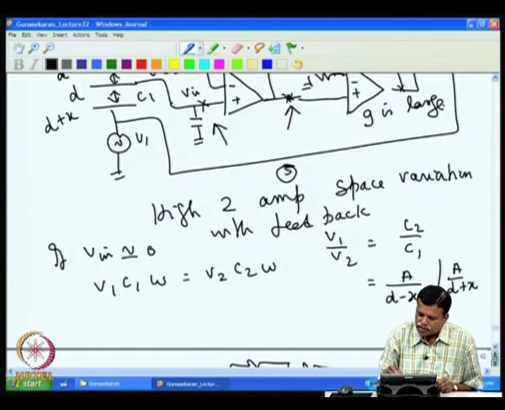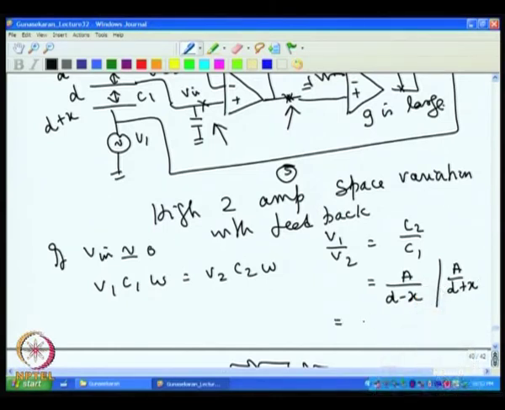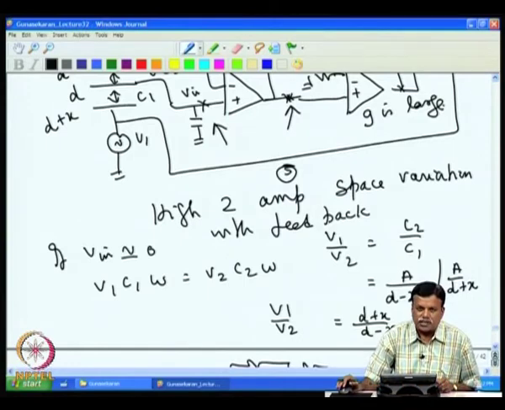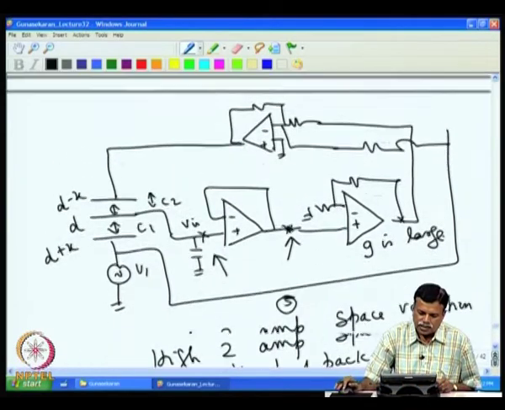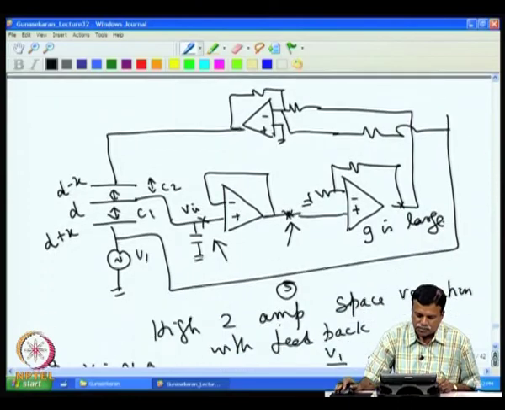So, eventually this will be simplified as d plus x by d minus x. So, that is the voltage V1 by V2, which shows that the circuit is clearly nonlinear, and apart from removing the stray capacitor effect, the circuit is not advantageous even for space variation measurement.